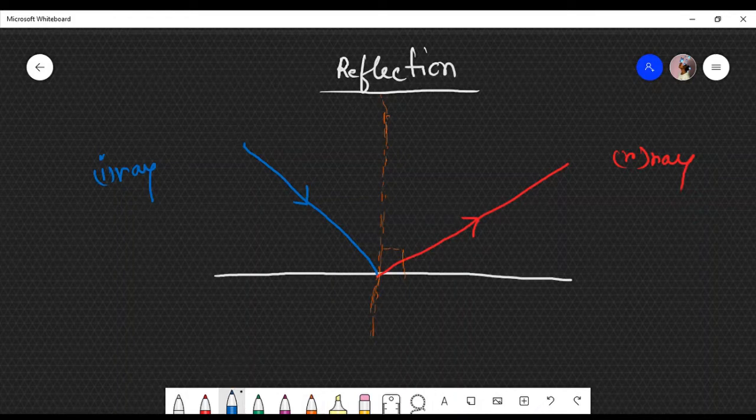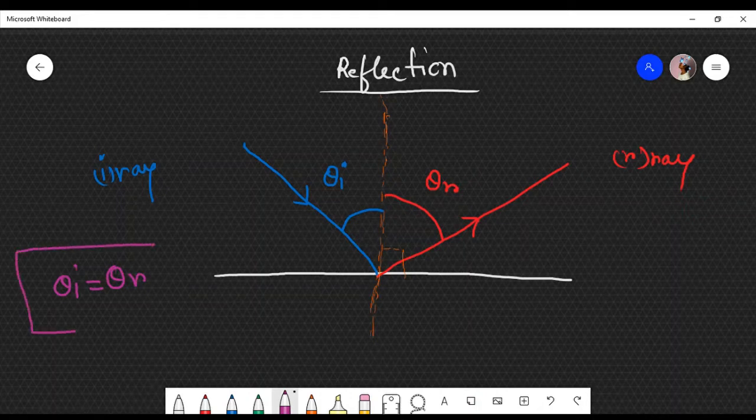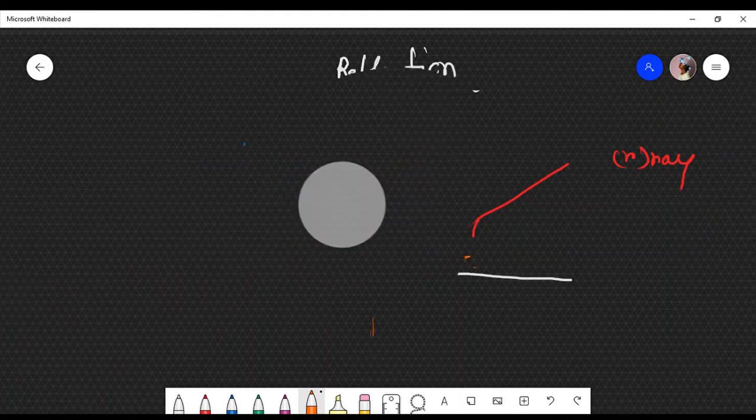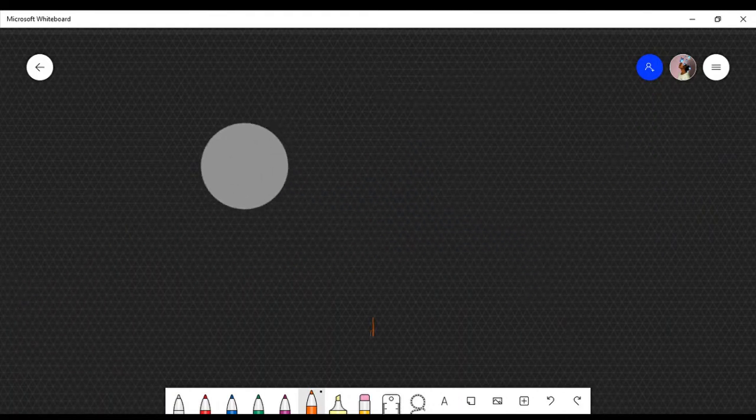This angle here is theta I, and this angle here is theta r. As per the law of reflection, theta I will be equal to theta r. So that's the law. Now don't mix it up by using this orange angle, or that will be the end of your life. Seriously.